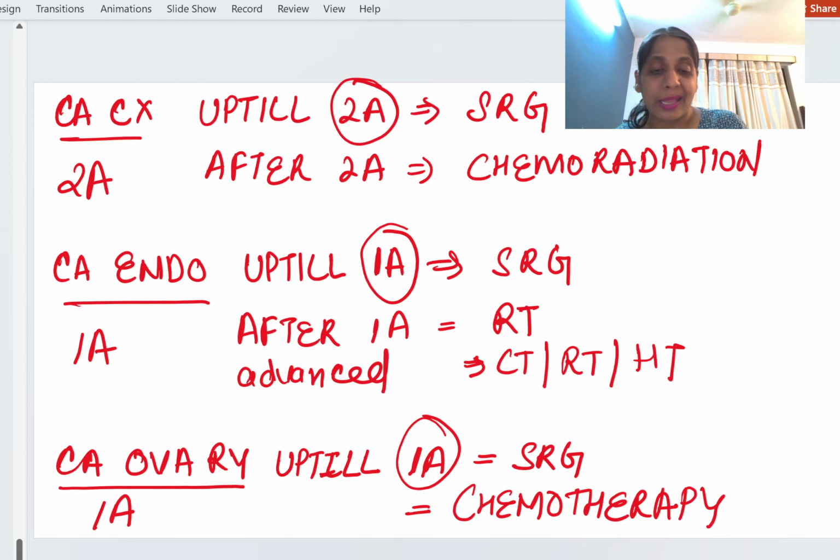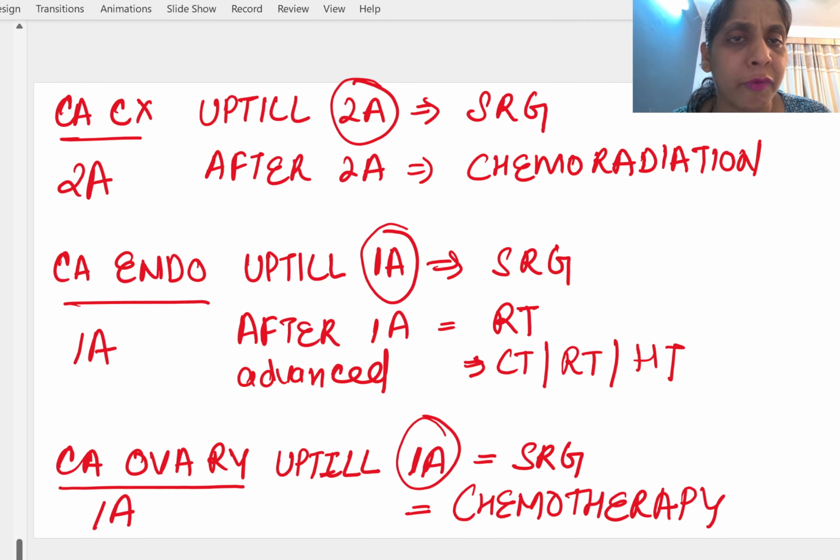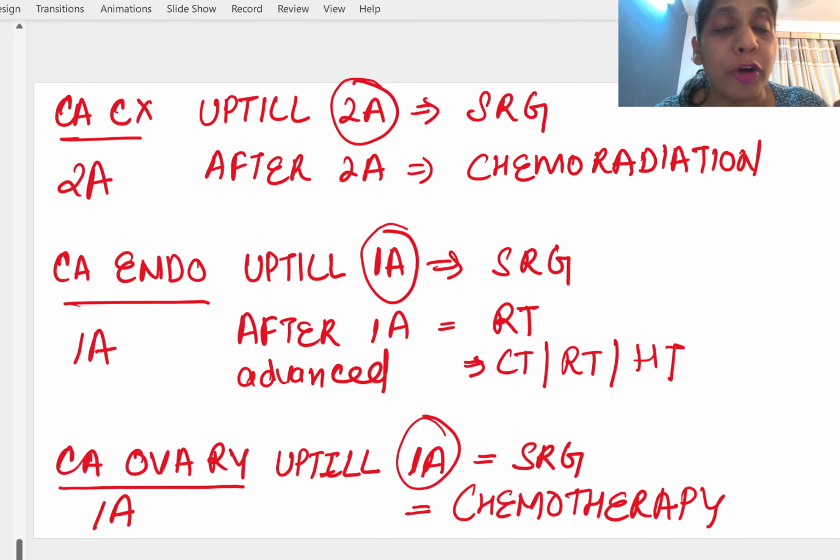Now the last slide is about the treatment. You just focus here. You will learn the treatment in 1 minute. For the CA cervix treatment, you have to remember the figure 2A. Before 2A we do surgery, and after 2A we do chemoradiation.